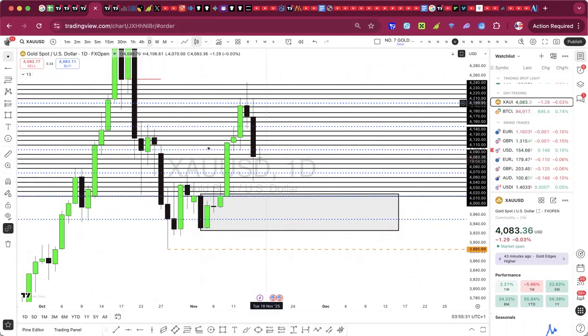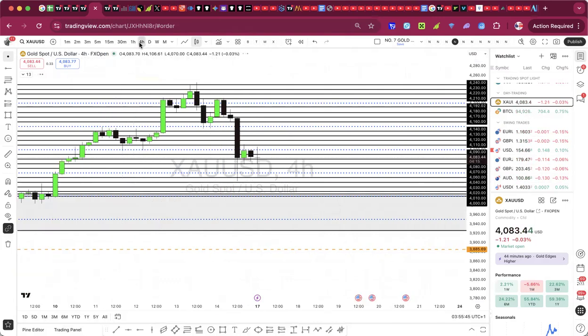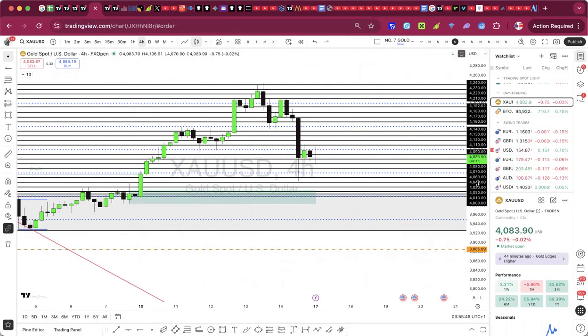And then, simply put, we have other things to identify, which has to do with the breakout structure. So we go to 4 hours straight away so that we can see the 4 hours breakout structure.